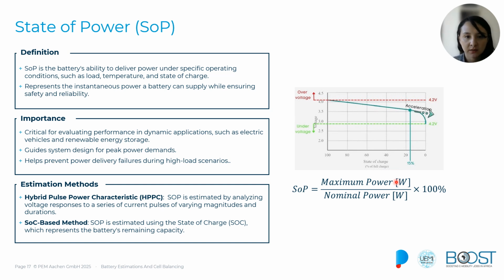It is expressed mathematically with these equations. The maximum power is the highest power output that the battery can provide under optimal conditions, and the nominal power is the expected power output under normal operating conditions, and the relation between both of them will give us the state of power estimation.